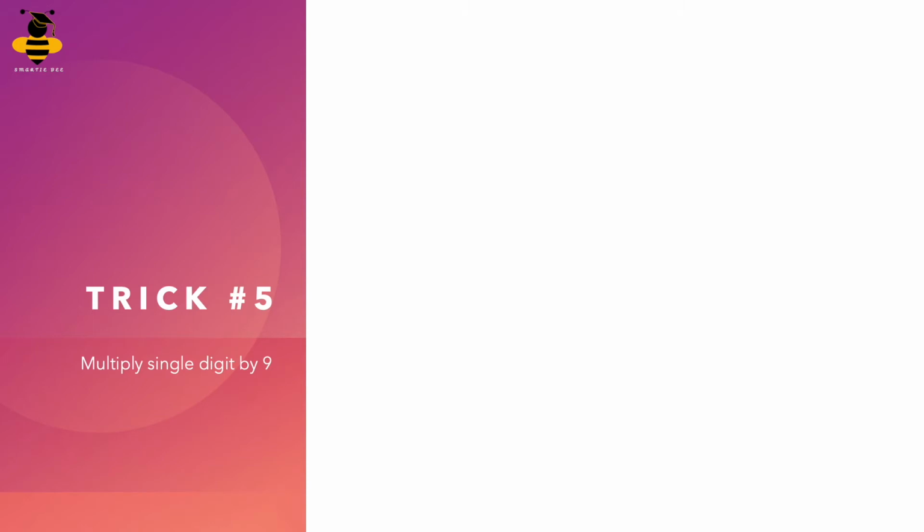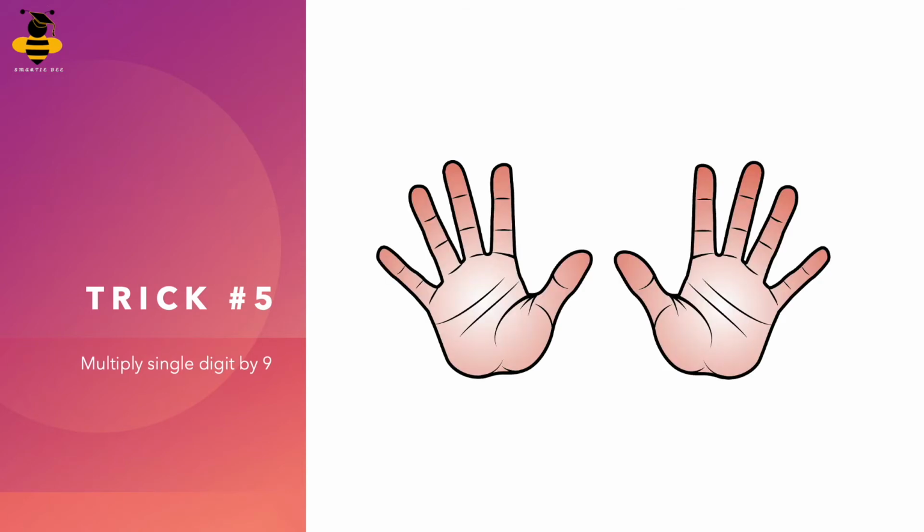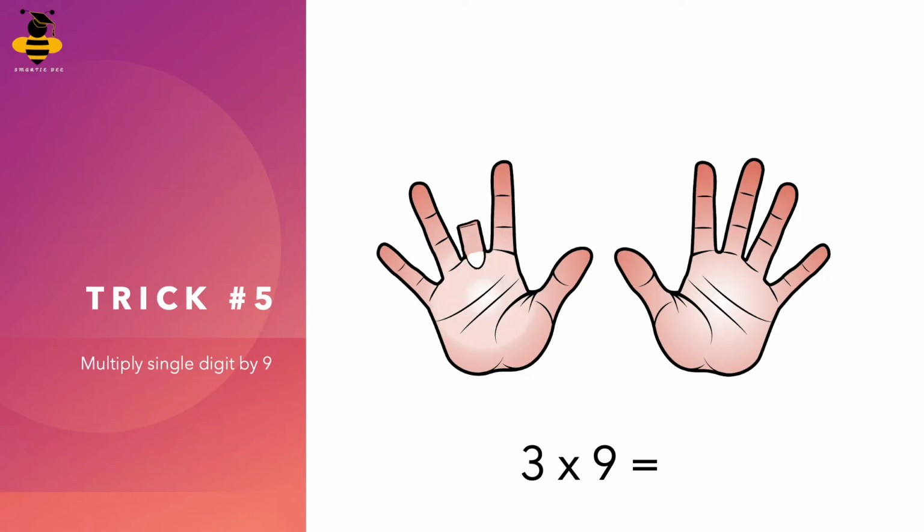Let's look at an example here. We want to multiply the number 3 with the number 9. What we will do is take both our palms, and on our left hand we will fold the third finger down. That's basically your middle finger, like this.